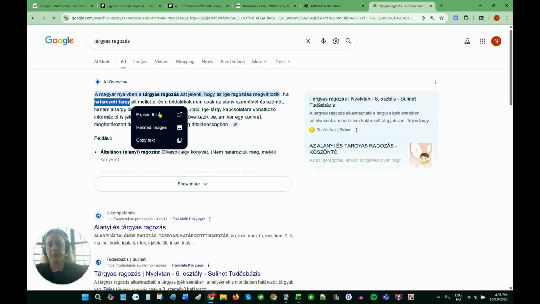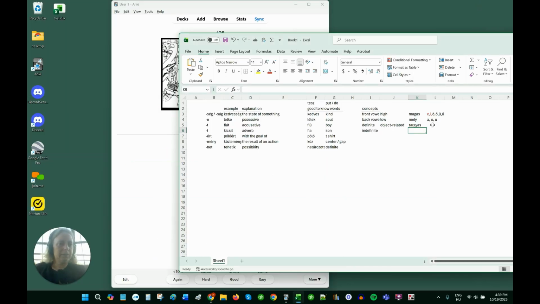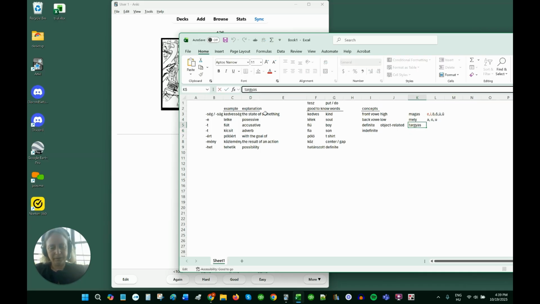Tárgy means object. So you can either call it tárgyas, or you can call it hatarozot. Okay, so they mean the same. They're the same grammar. Sometimes people call it tárgyas, and sometimes people call it hatarozot. It's just two different ways of saying the same thing.